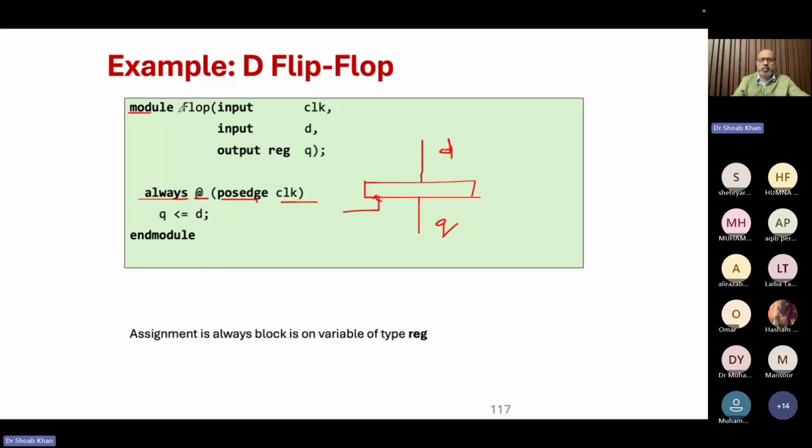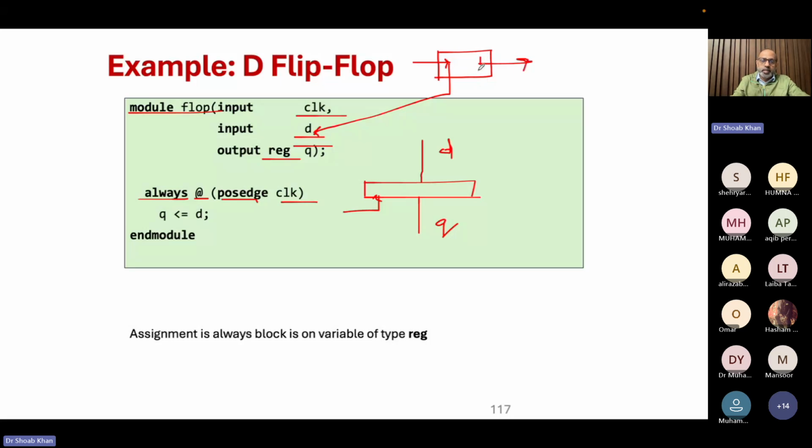So this is how it is written. A module flop, a clock is input, D is input, and the output is of type reg. Remember the design rule where we said that into a module the input is always going to be a wire. The output inside the module could be a wire or a reg.